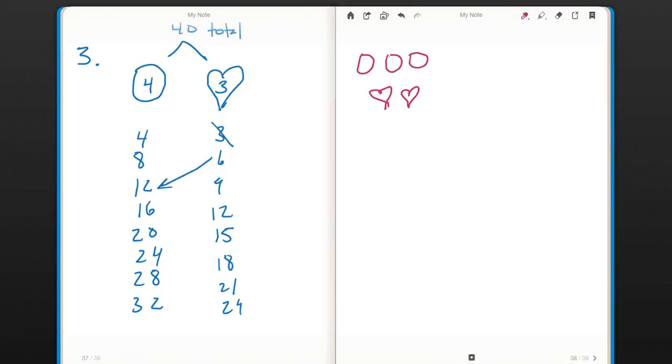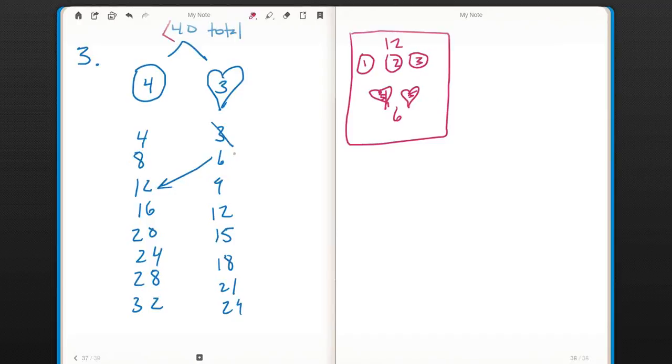But when I do that, it meets my criteria because I have 12 cookies in the round boxes and I have 6 cookies in the heart boxes. I'm going to call this one set. And I have a total of 5 boxes, 5 cookie boxes altogether.